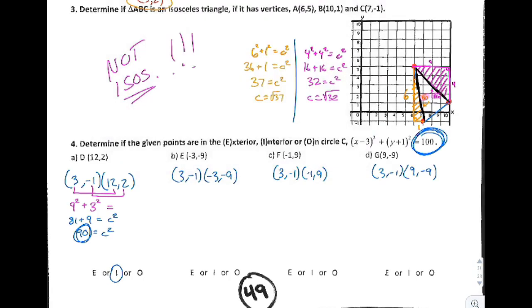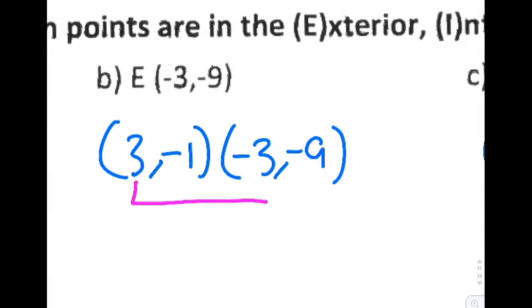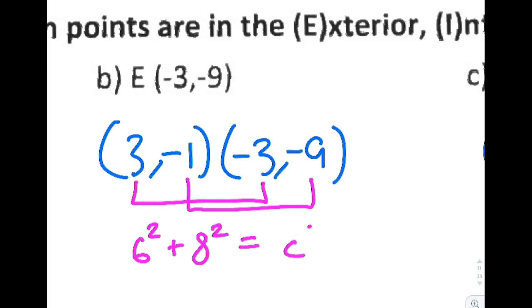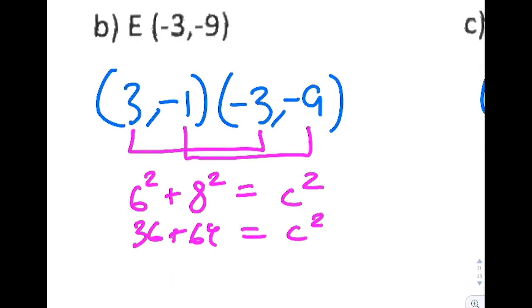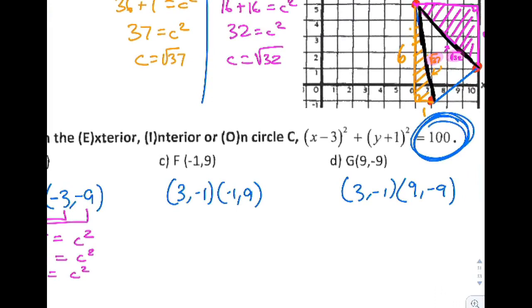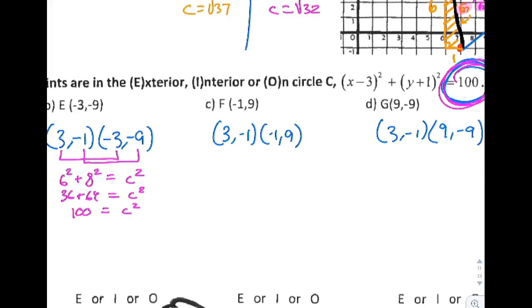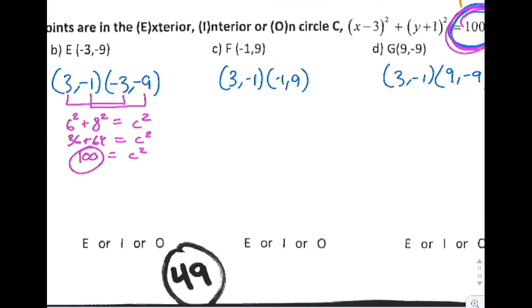Try the next one. From 3 to -3 is a jump of 6. From -1 to -9 is a jump of 8. 36 and 64 add up to 100. And if you look at the end of the problem, there's that 100. Same number, so it's actually on the circle. It's the exact same number, so it was the length of the radius.